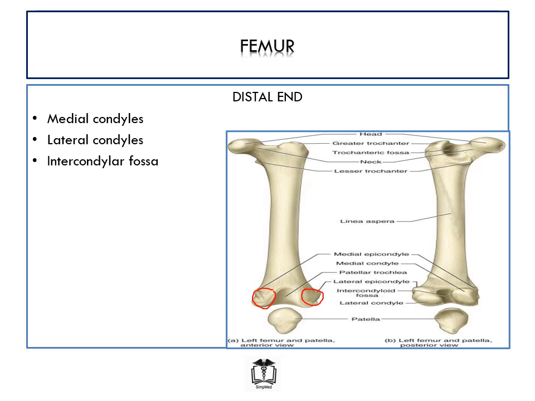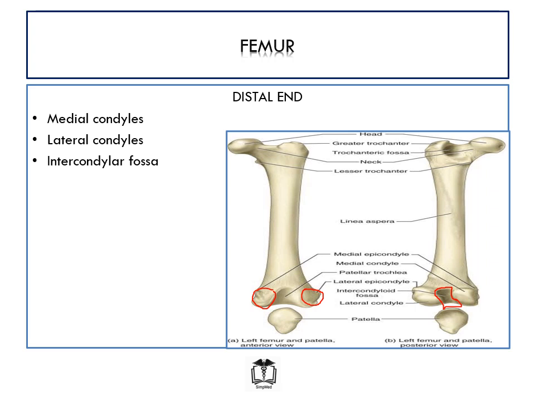Then posteriorly, we have a deepened aspect of the bone of the distal end of the femur that separates the medial and lateral condyles. This is called the intercondylar fossa, the condyloid fossa. This intercondylar fossa is part of the knee joint. It tends to serve as a point of attachment to the anterior and posterior cruciate ligaments, which are part of the knee joint.